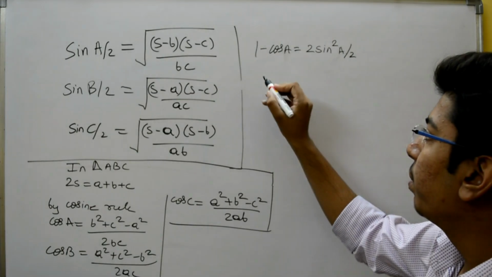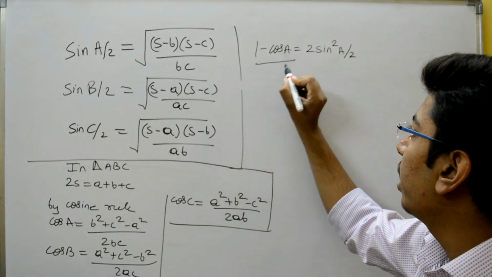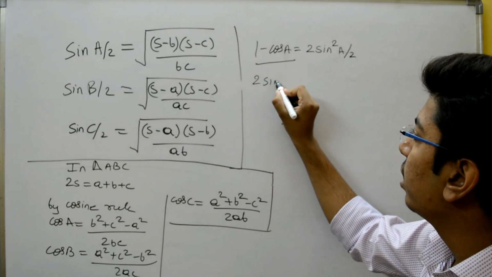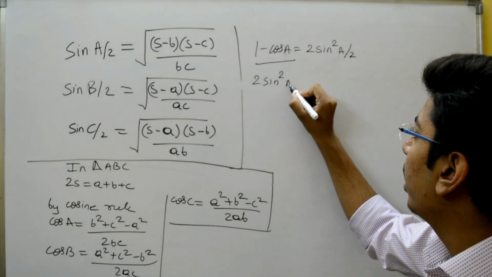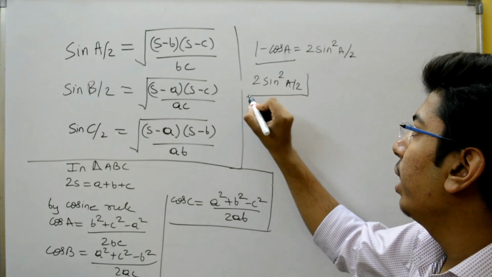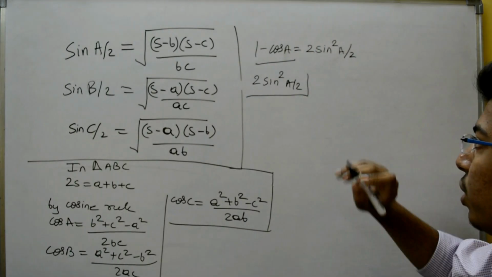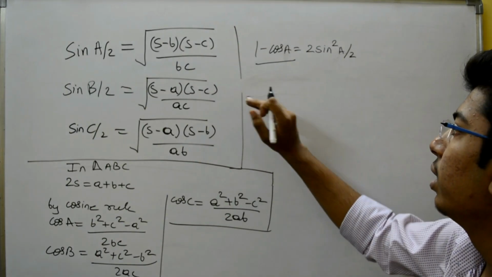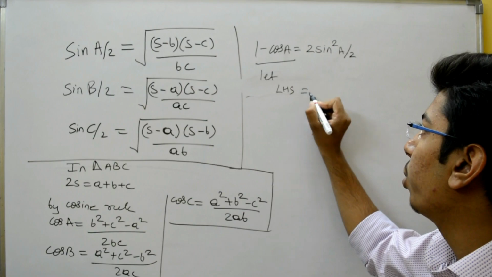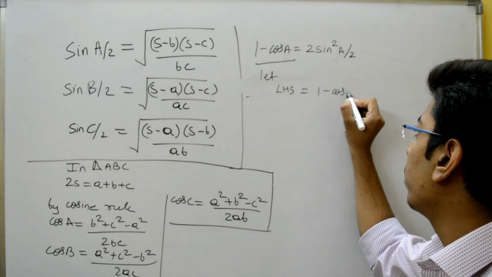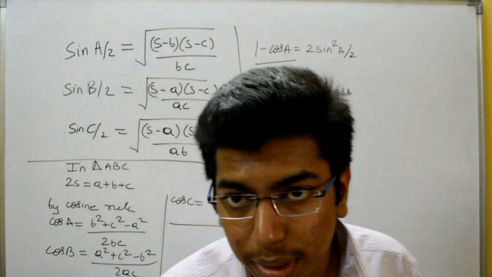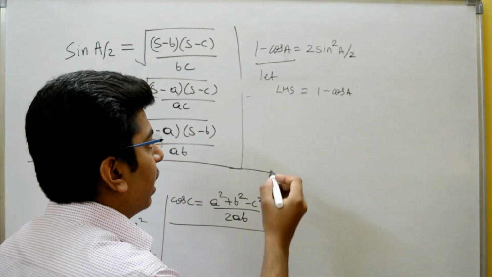So the next step will be to consider LHS. 2 sine square A by 2 is RHS, so don't consider it. Let LHS be equal to 1 minus cos A. So what is cos A? Replace the formula for cos A over here.